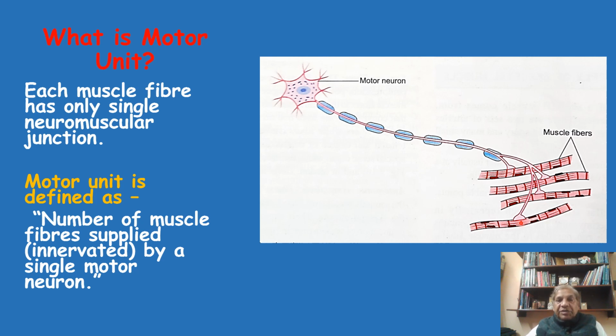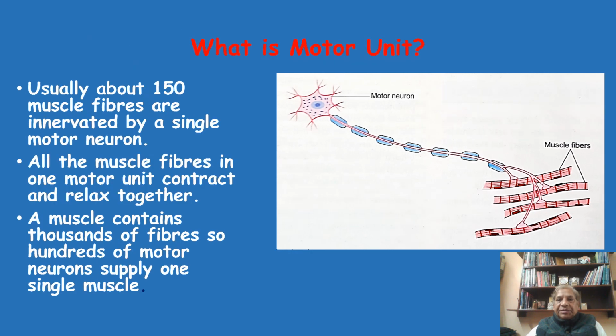So the motor unit may be small or it may be large. That means the number of muscle fibers supplied by a single motor neuron may be few or many. Okay, that is defined as the motor unit.